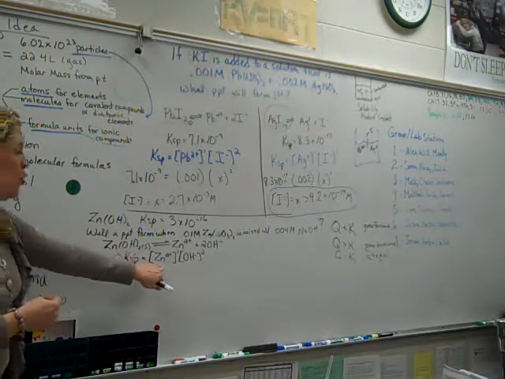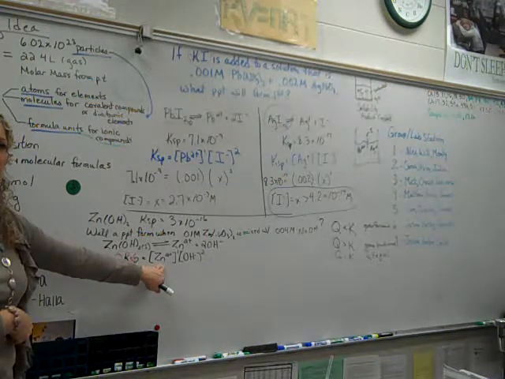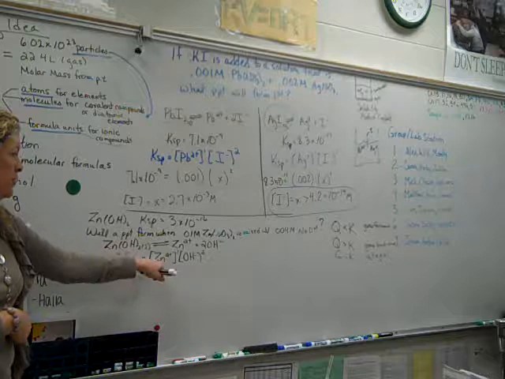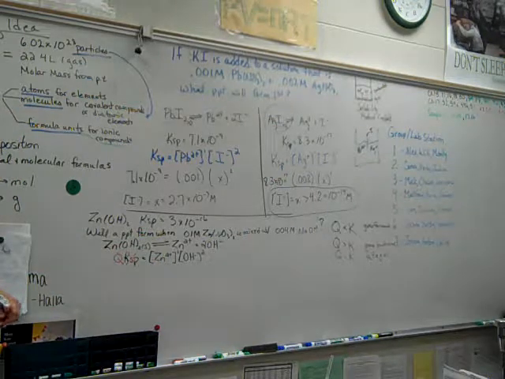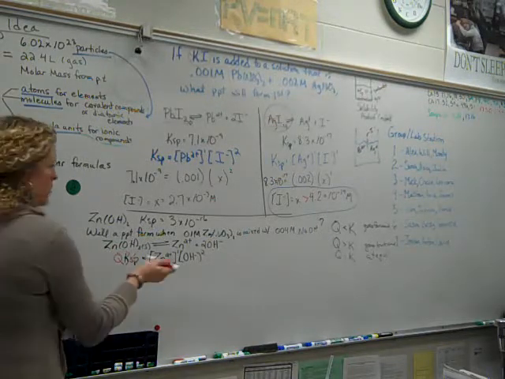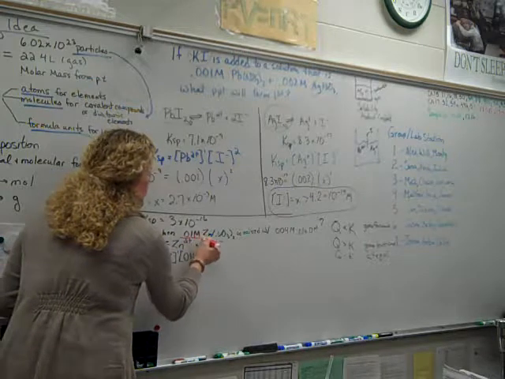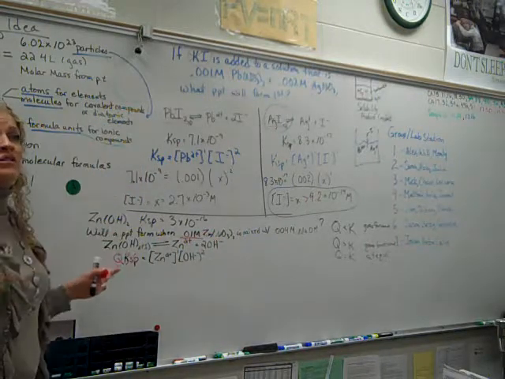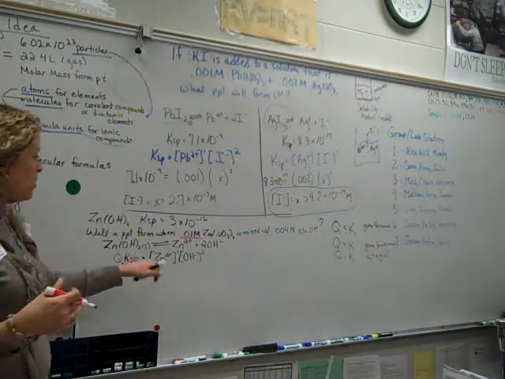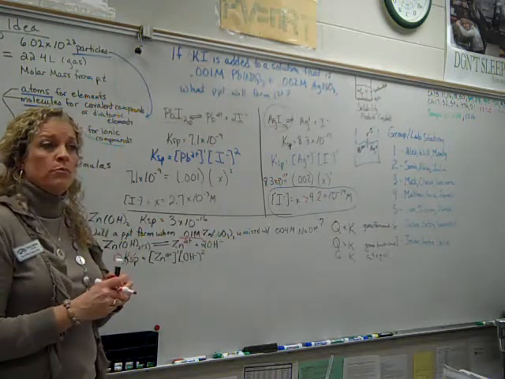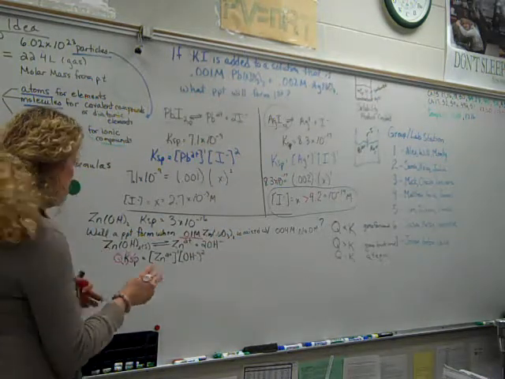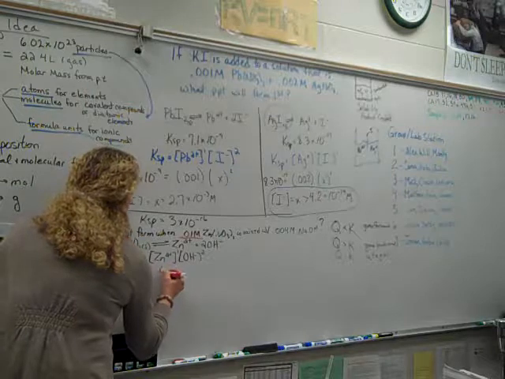All right, so where can I find my zinc concentration? Where in the problem? You guys see this? 0.01. Zinc nitrate is totally soluble, right? So won't it make 0.01 molar of zinc? Yeah. Okay. All right, star.